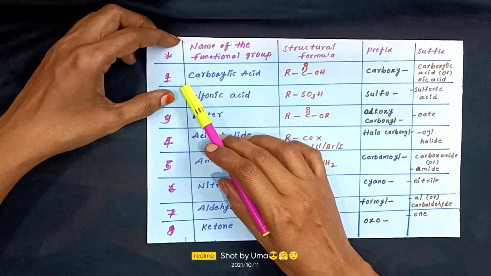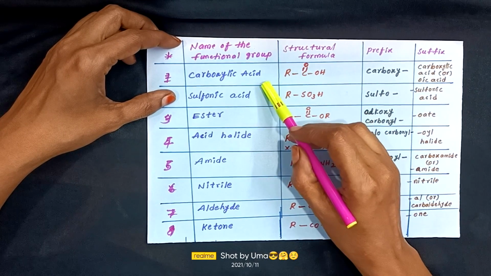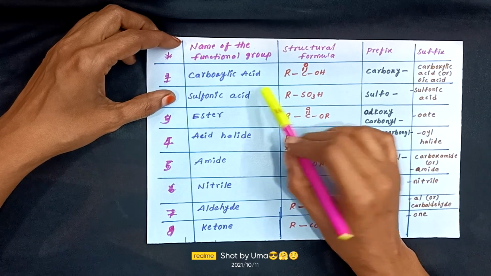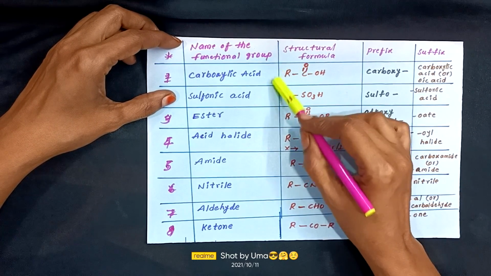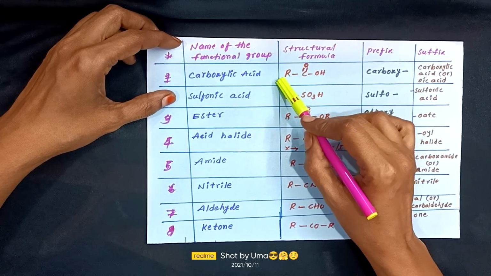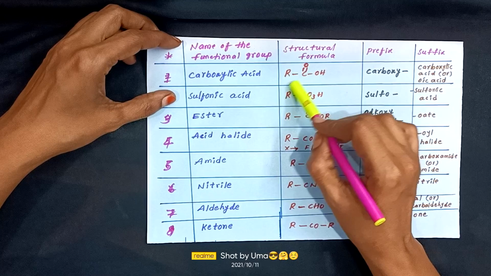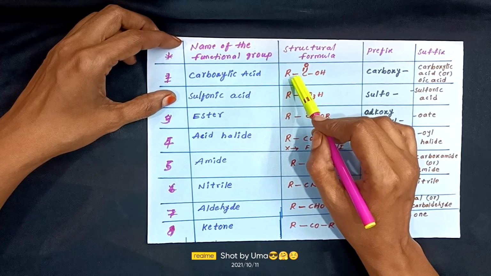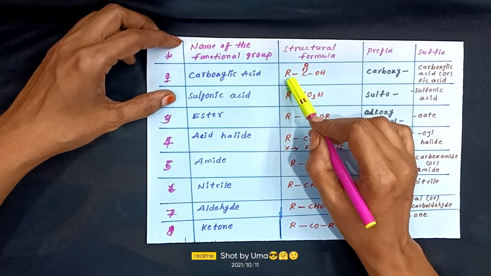So, the first functional group name is carboxylic acid, children. What is the structural formula of carboxylic acid, children? RCOOH. R represents here alkyl group. Alkyl means what, children? CnH2n plus 1 represents alkyl groups. That means you have to remove one hydrogen atom from the alkane series, and you will get an alkyl group.